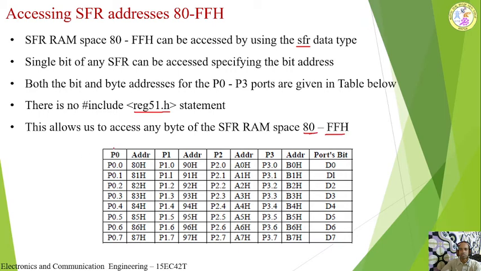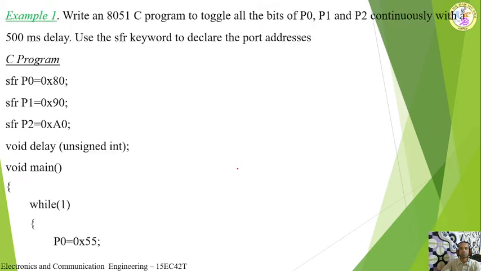If I want to access all the pins of port 0, then I can do that by declaring the byte address. Similarly, I can access all the pins of port 1, port 2, or port 3. And these SFRs are located in the RAM location from 80 to FFH, and these are the direct addresses of the particular pins of the port.